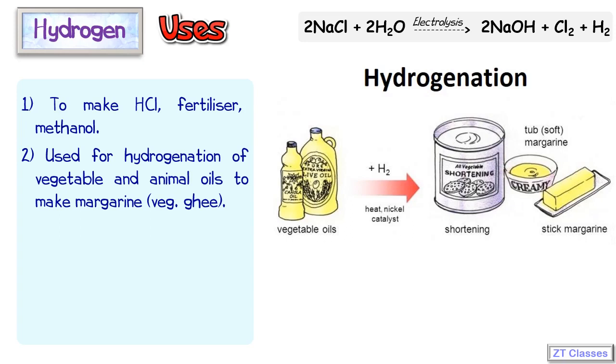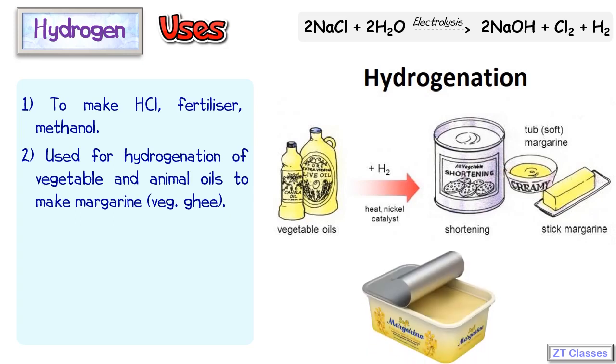Vegetable oils and animal oils have long unsaturated carbon chains, and when they are treated with hydrogen gas, hydrogen removes the double and triple bonding between the carbons. We'll discuss them in the next chapter, carbon and its compounds. So the double and triple bonds are removed and it becomes saturated. This process is hydrogenation and the result we get is margarine.